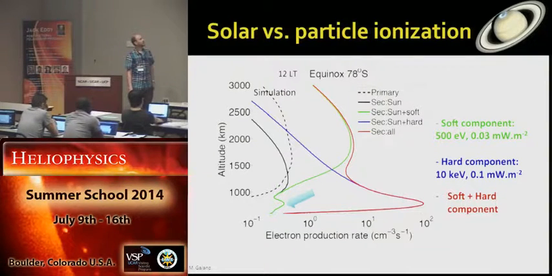So how do solar and particle precipitation ionization processes compare? Here's an example for a high latitude simulation. So electron production rates versus altitude. First, the dashed curve is from solar produced ionization. And then the solid curve is from solar secondary production.